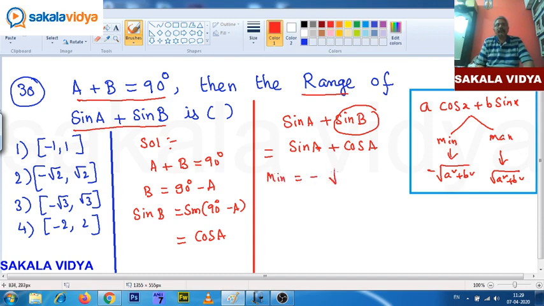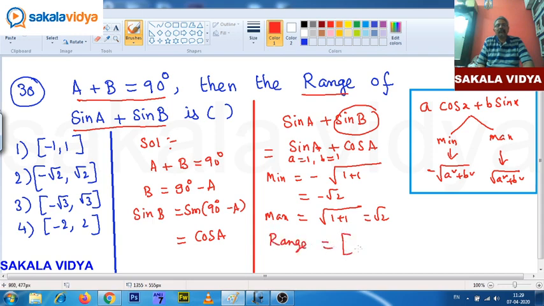Here A equals 1, B equals 1, 1 square plus 1 square, that is minus root 2. Maximum is equal to root of 1 plus 1, that is root 2. So the range is minus root 2 comma root 2. So, second option.